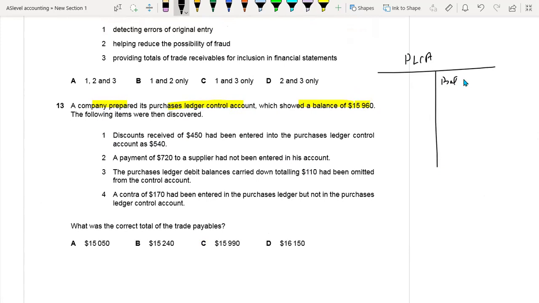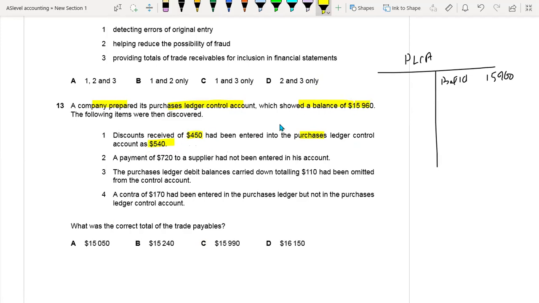So this balance b/d is 15,960. Okay. Discount received 440 had been entered into the purchase ledger control account as 540.